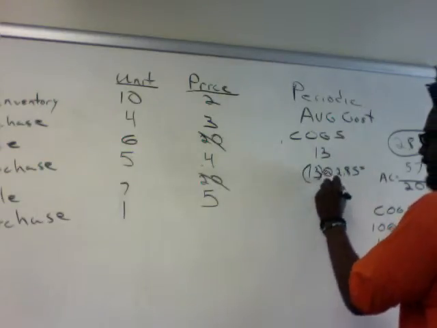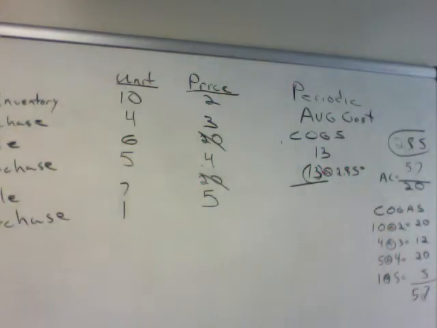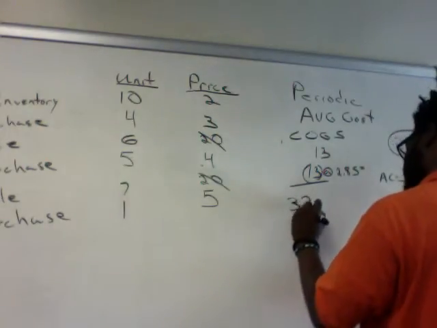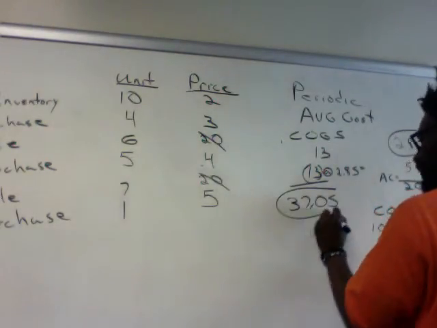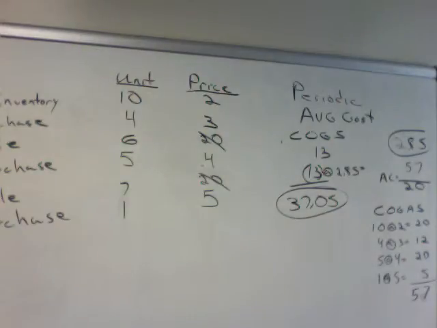And that's going to tally up my total cost of goods sold. So if I take 13 units and multiply it times $2.85, that will give me $37 and a nickel. $37.05. And that's my average cost under cost of goods sold for periodic.